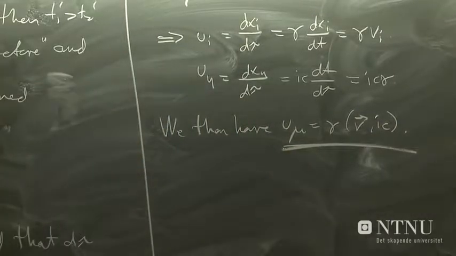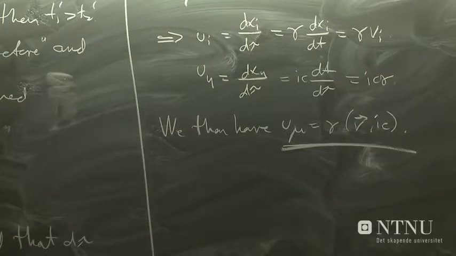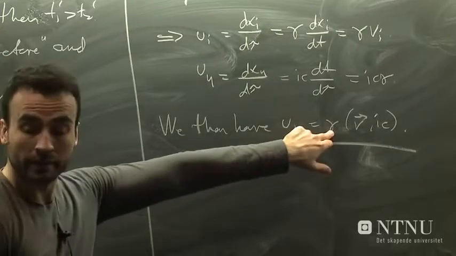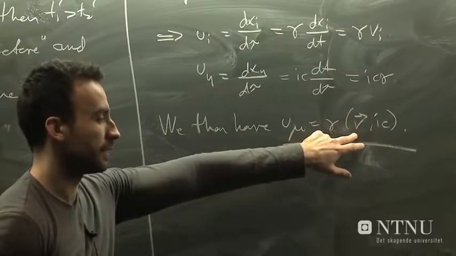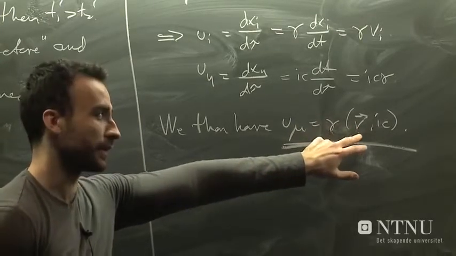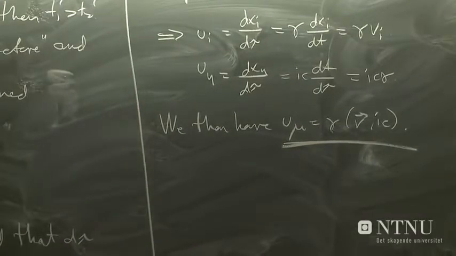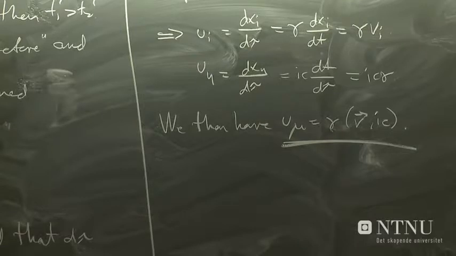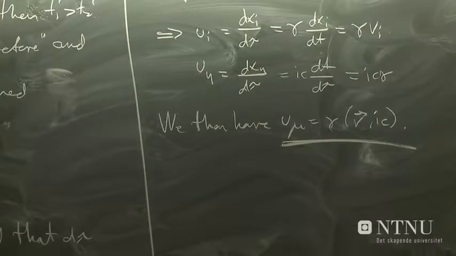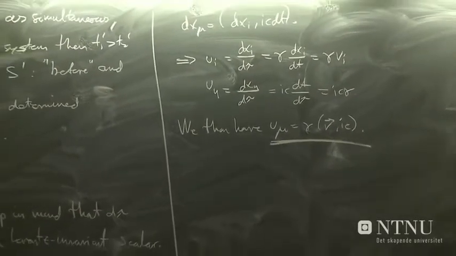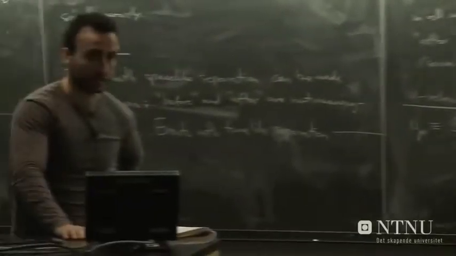So this is the four velocity vector. You see we have an extra gamma here compared to the non-relativistic velocity, and you have ic as the fourth component. Okay, so this four velocity vector.